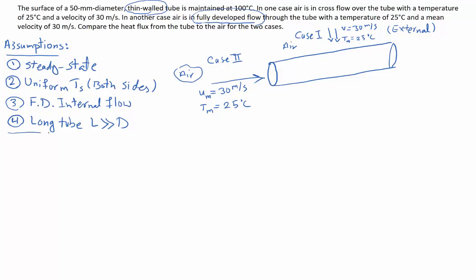So the next step is to figure out the properties. The properties need to be found for air, and the temperature at which we're going to find the properties is an average temperature, so 100 degrees C plus 25 degrees C divided by 2.